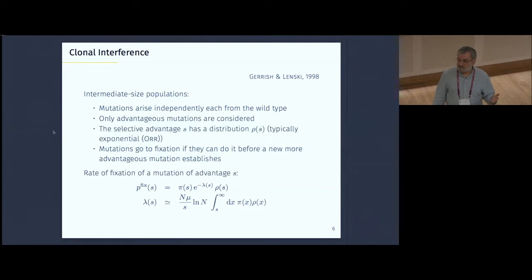I don't know if you have seen any extreme value distributions. Have you ever seen this problem? Gumbel? Yeah? So you know what the problem is. You have a sample, for instance taken from a normal distribution, and you ask, what is the distribution of the best one in the bunch?